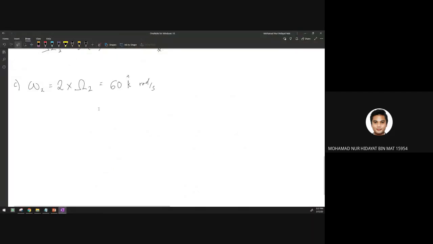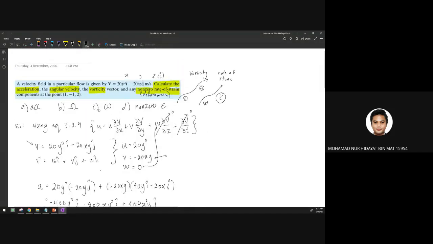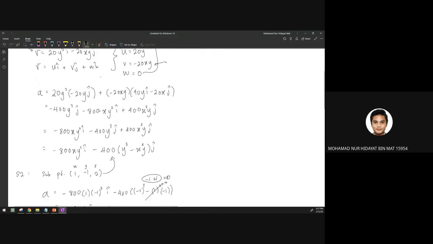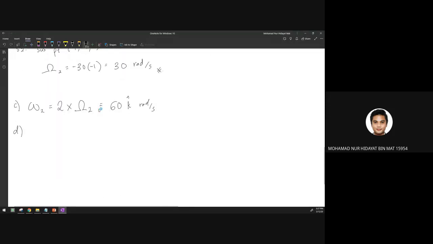So question D. Remember that the question asks for any non-zero rate of strain. They want the non-zero value. That means non-zero epsilon. So from here, we look at the epsilon in xy.